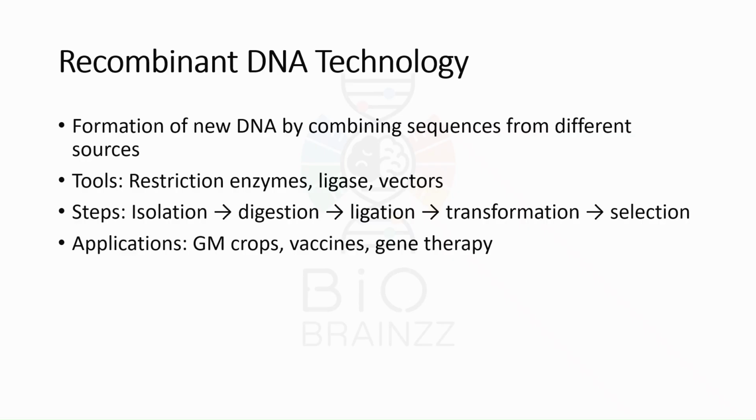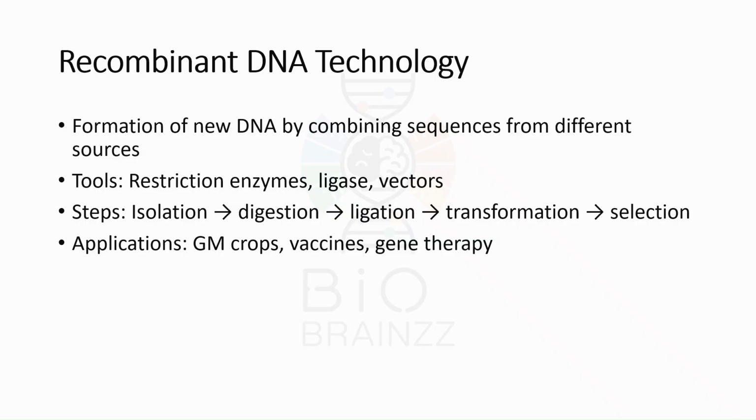Recombinant DNA technology involves the artificial combination of DNA from different sources to create new genetic constructs. This process relies on key tools such as restriction enzymes, DNA ligase, and cloning vectors. The basic steps include isolation of DNA, digestion with restriction enzymes, ligation into vectors, transformation into host cells, and selection of successful recombinants.